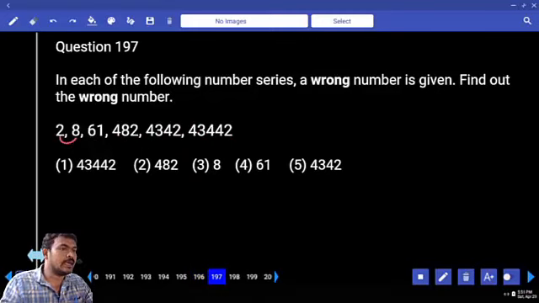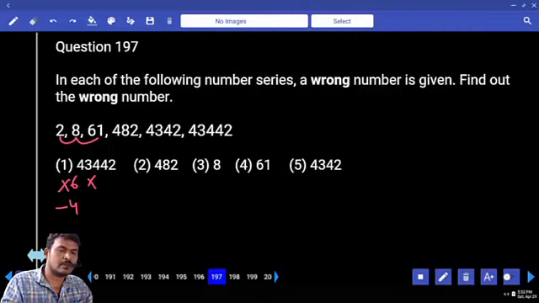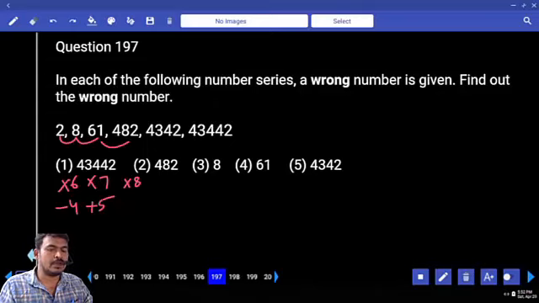Next, question number 197. 2 becomes 8. 2 becomes 8 means 2 times 6 is 12 minus 4. Next, 8 becomes 61. How many times? 8 times 7 is 56 plus 5, or minus 5 plus 5, gives 61. Then 61 times 8 is 488 minus 6.